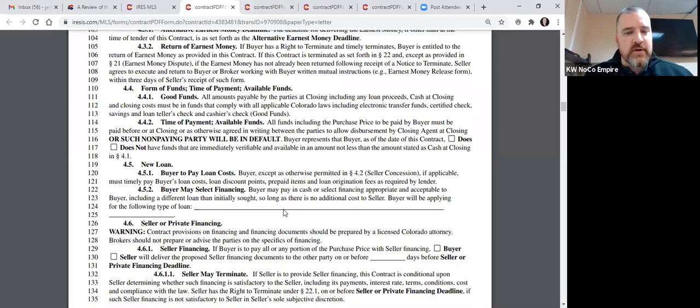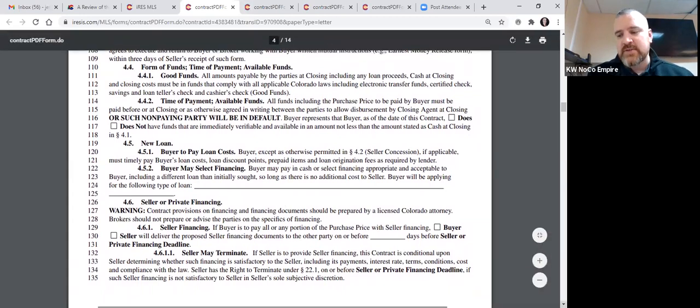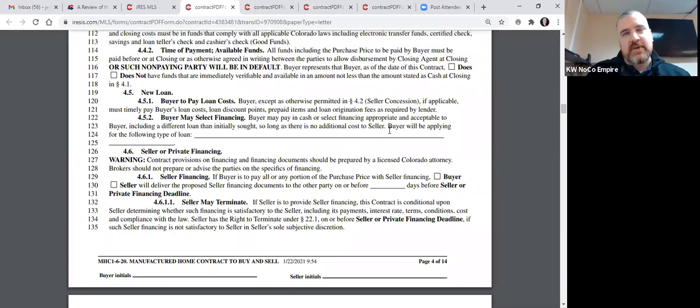New loan. So again, most of this is fairly similar. Like I said, some of the stuff that has been omitted is different just because it's not there, whereas it exists within the contract to buy and sell. So stuff regarding assumption is missing from this particular contract. The other piece that's a little bit different is we don't have the check boxes that say conventional, FHA, VA, other, right?